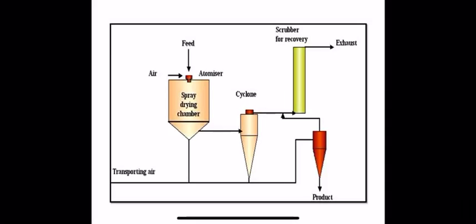It creates a vortex, and the lighter air, the hot air which is still present, moves to the top, and the powder moves to the bottom. As a result, the product moves to the bottom side. As you can see, in this red chamber where product is written, we get the product from this side, and the air moves through the exhaust, or we recover this air.